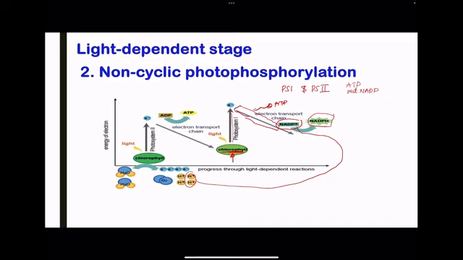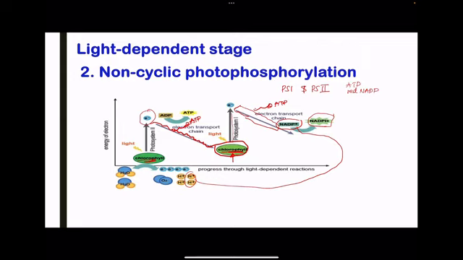Now to replace that electron, light strikes a chlorophyll molecule in photosystem 2. This leads to the release of an electron or electrons to a high energy level. These electrons can transition through the electron transport chain, and again here, energy is going to be released. This energy can be used in the generation of ATP, and this electron is going to transition until it's received by the chlorophyll molecule in photosystem 1.